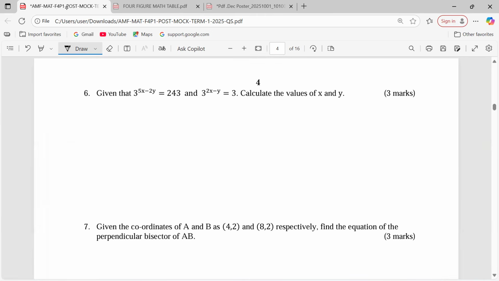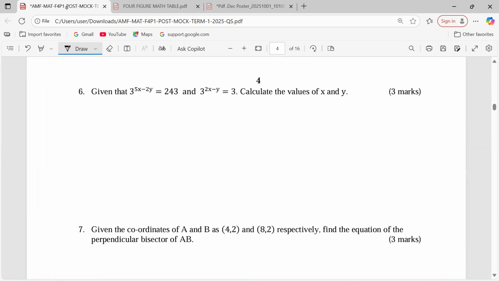Number 6. Now, given that 3 power 5x minus 2y equals 243, and that 3 power 2x minus y equals 3, calculate the values of x and y. The first thing, you express composite numbers using the least base possible.